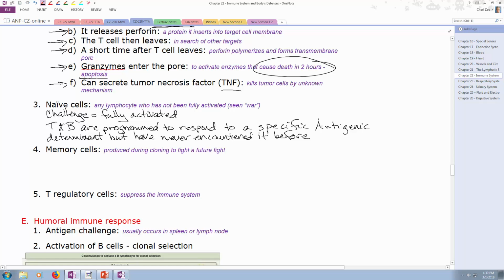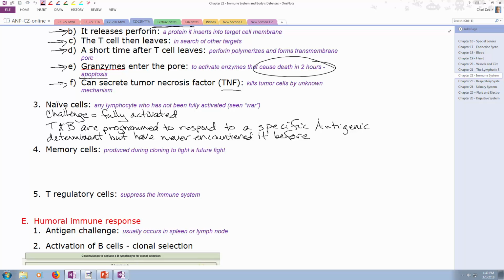And the helper cell will not listen to any other cell because it only listens to APCs, which have MHC2 on their surface. So that's kind of like, you have to realize the lymphatic system has a lot of military correlation. And if you are a civilian and you go to the general and say we're being invaded by Russia, do you think the general's going to listen to you? No.